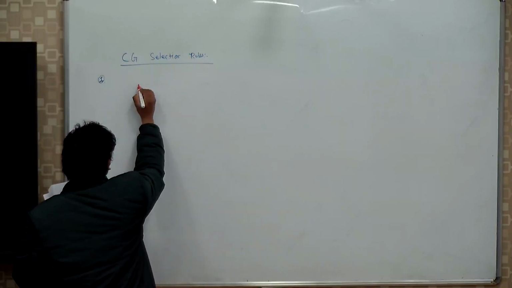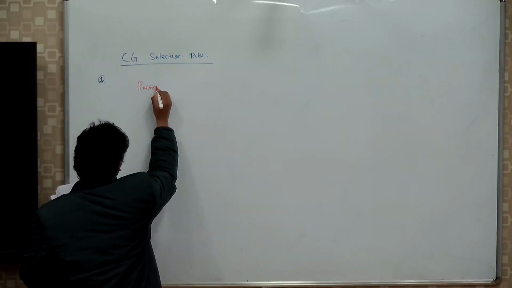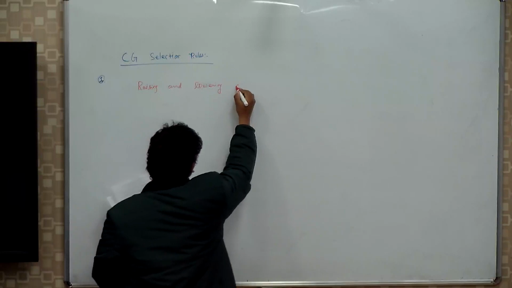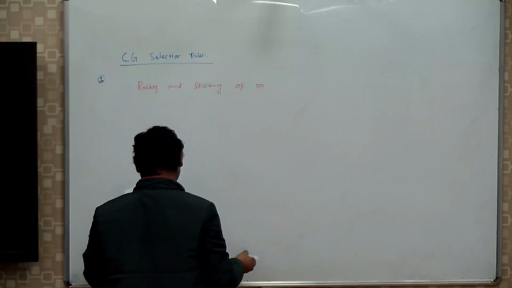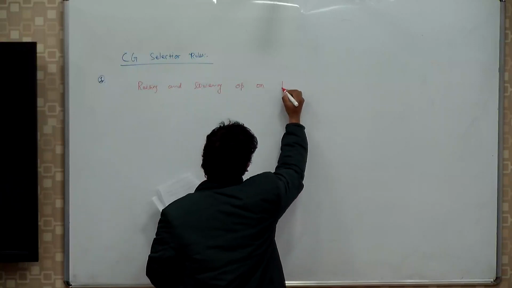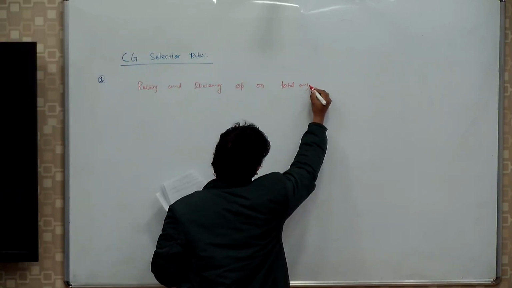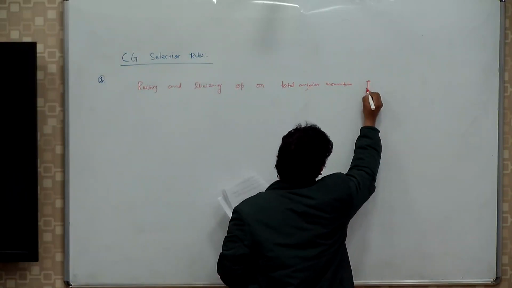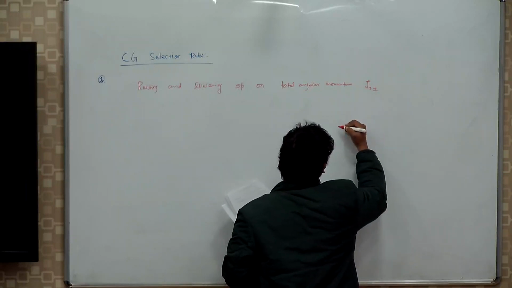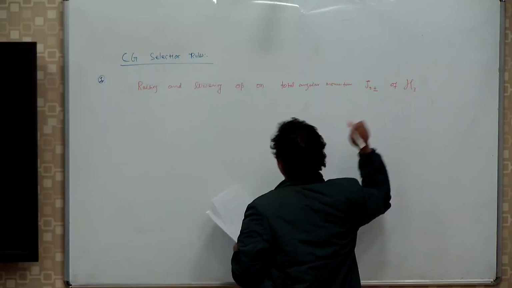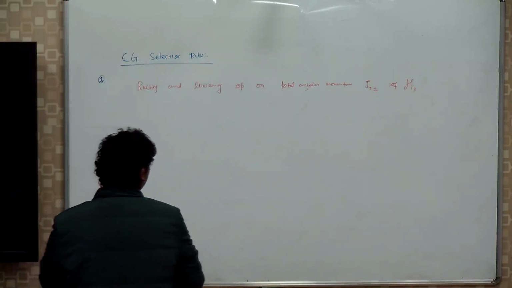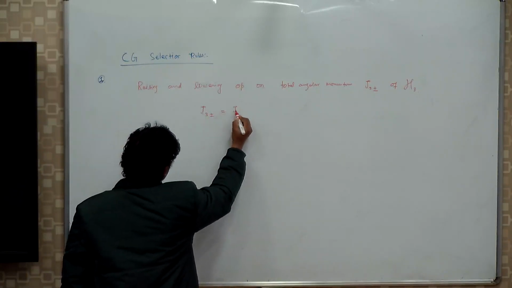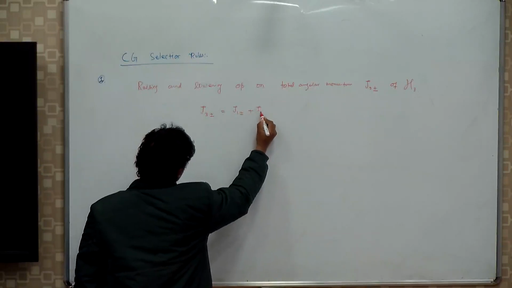For writing the raising and lowering operators on total angular momentum, J3 plus minus in the Hilbert space, you take J3 plus minus, which is nothing but J1 plus minus plus J2 plus minus.